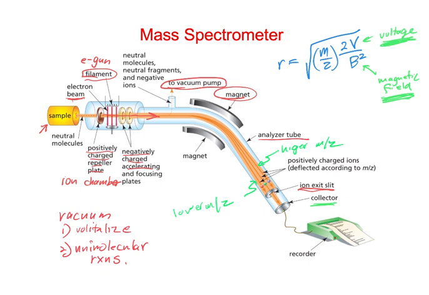All right, anything else that we should say here? Unimolecular reactions mean that we don't want them to react with atmospheric oxygen or nitrogen or something like that.